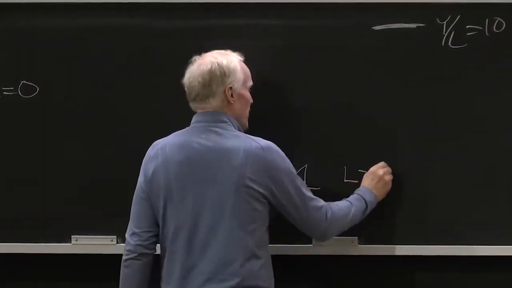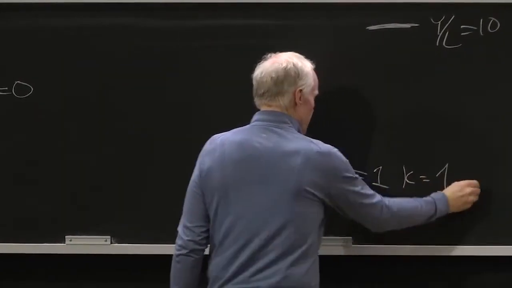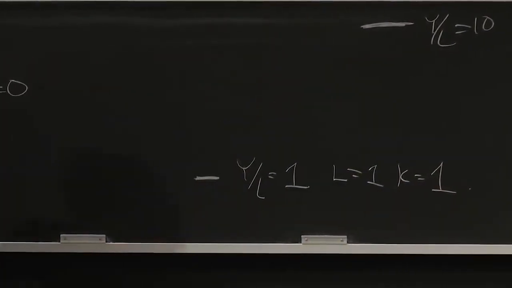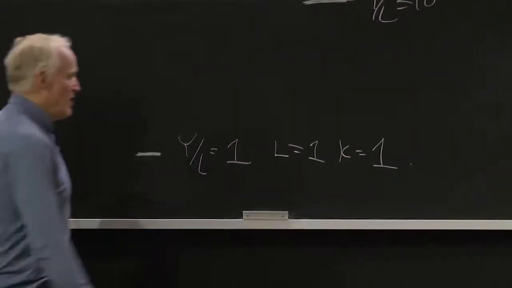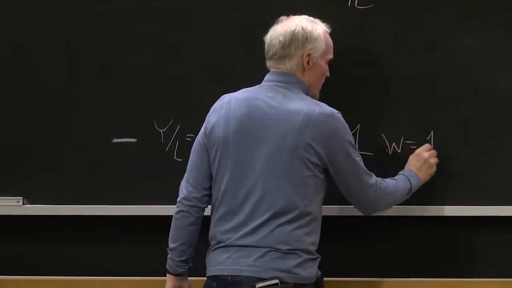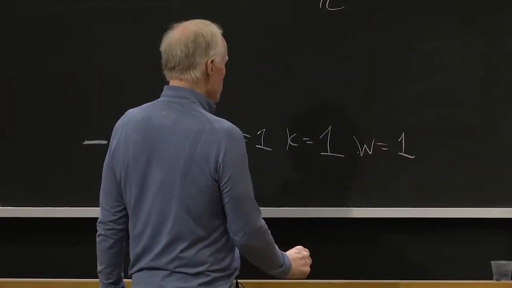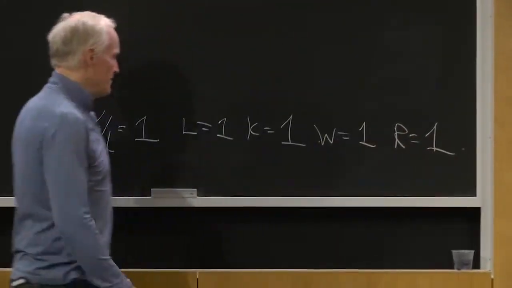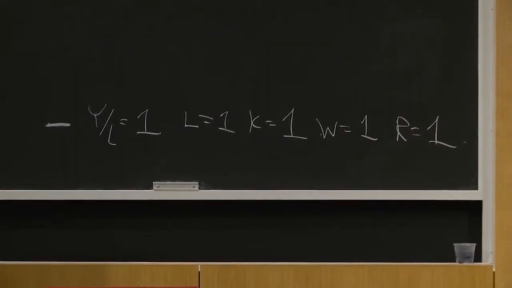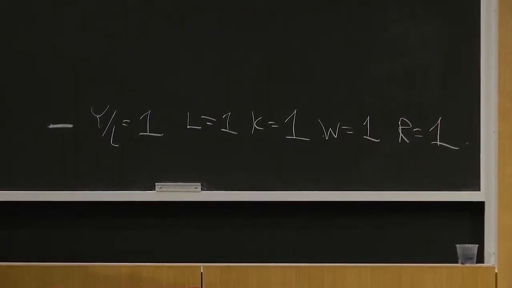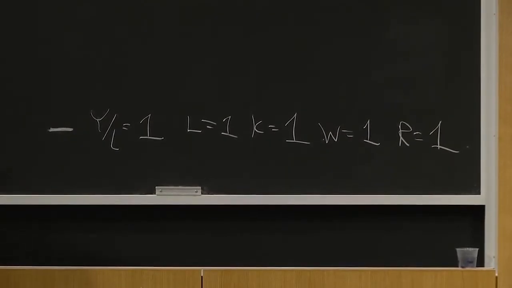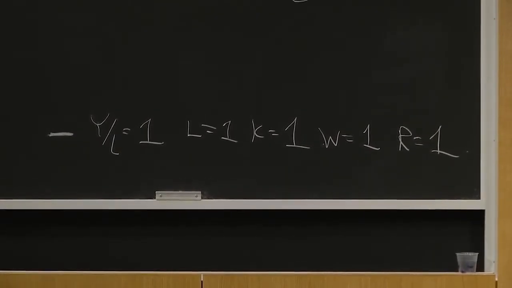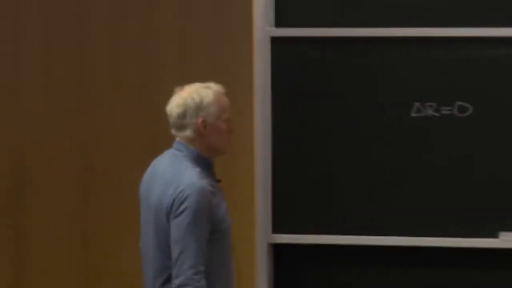Let's say L equals 1, K equals 1. Everything's 1. Just normalize everything to 1. W equals 1, and R equals 1. I think that works. Everybody realizes that's just a choice of units, right? I'm just measuring everything where I take the initial units and I call them all 1.